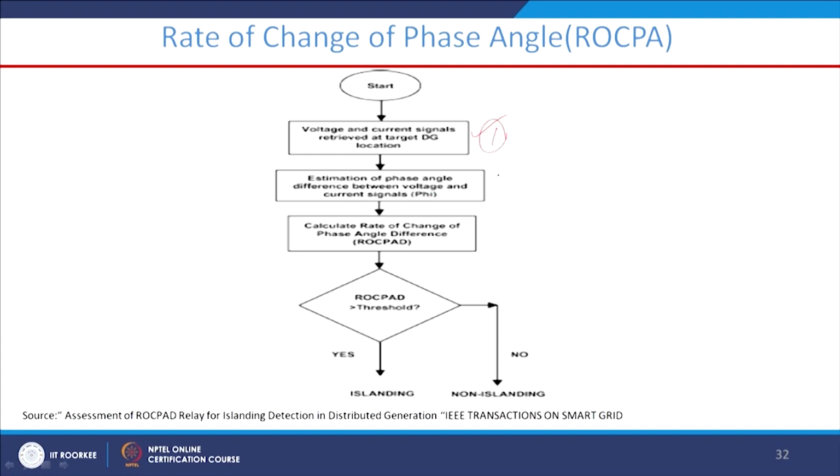This is step 1, step 2, step 3. If this rate of change of the phase angle difference is greater than a certain threshold, then yes, islanding is present, otherwise there is no islanding. This is how this particular technique works.